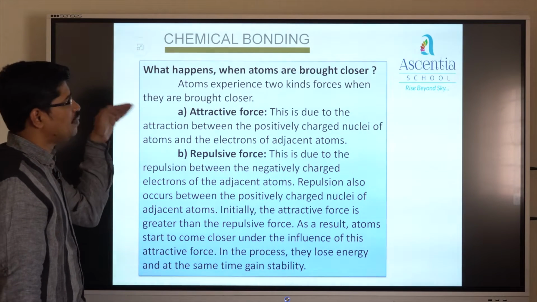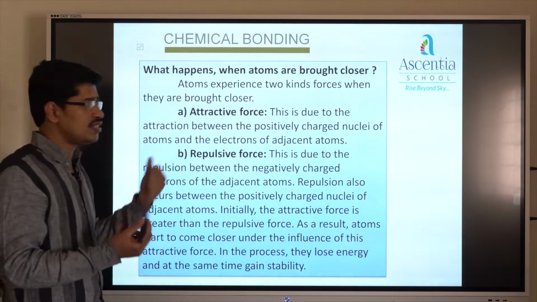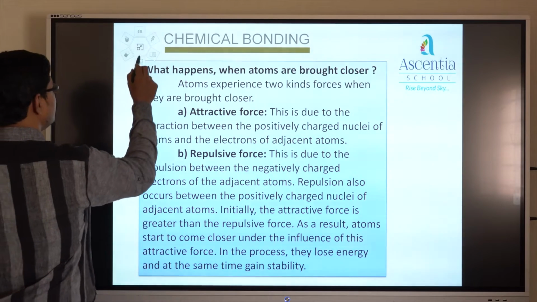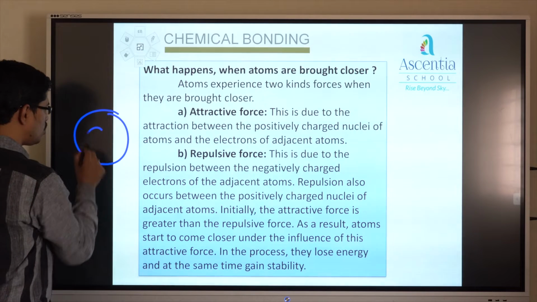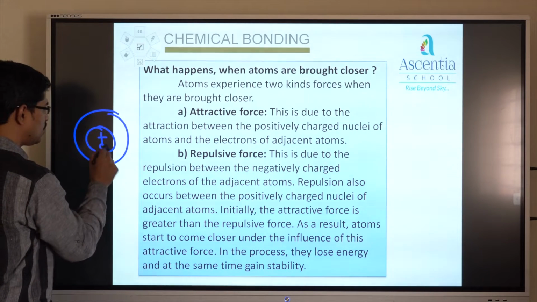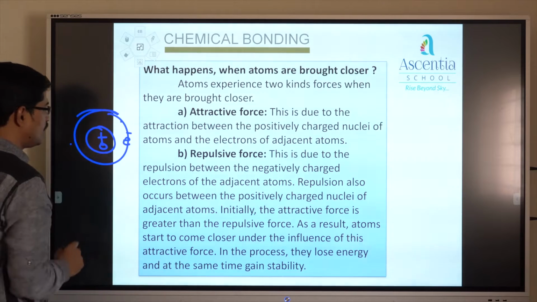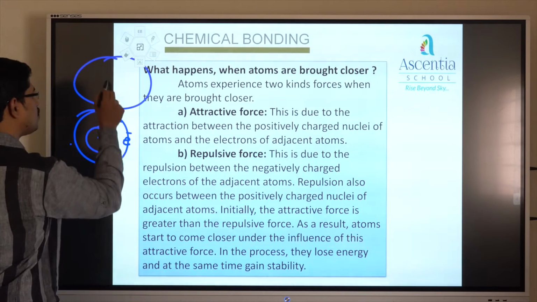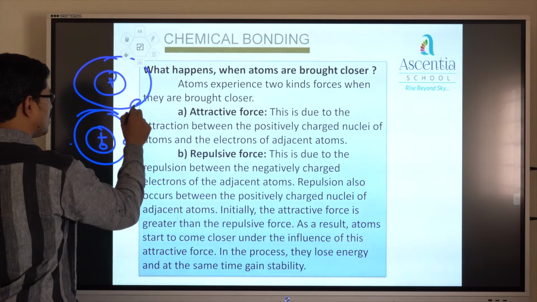The attractive forces are due to positive and negative charges. For example, an atom consists of a positive center which contains protons and neutrons, and electrons are the negatively charged species rotating around. Similarly, when one more atom comes, its center is positive, neutrons are there, electrons are there.